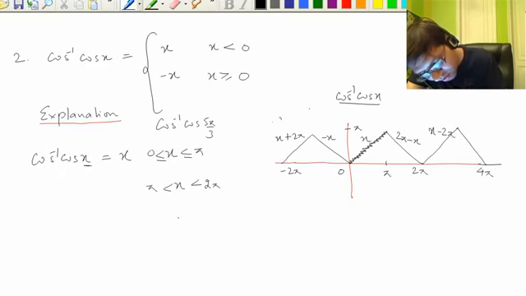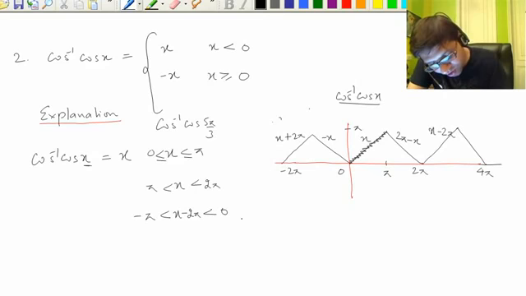Now which angle would be in the principal value branch? We can subtract 2 pi: x minus 2 pi, this becomes 0, this becomes minus pi. The problem is that instead of minus pi to 0, we should have 0 to pi. So we multiply with a minus sign, 2 pi minus x.